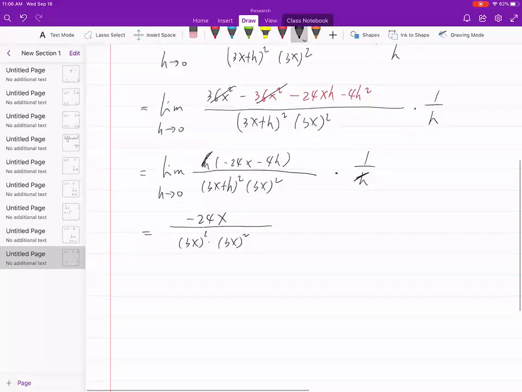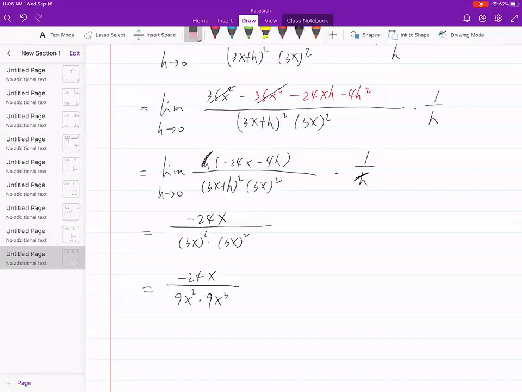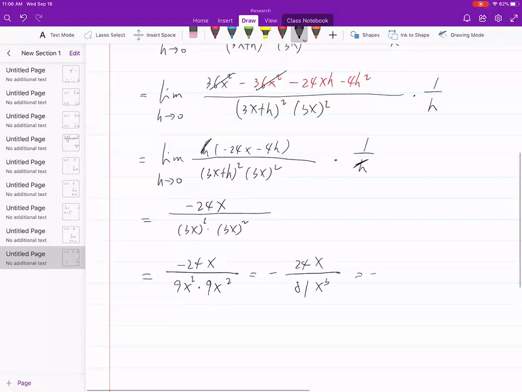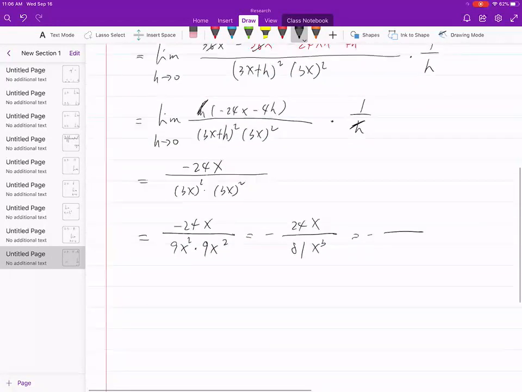Okay, now simplify more to make it pretty. Divide x on both sides. We have x cubed on the bottom. The x is gone. We have a 3, we have an 8 and 27.